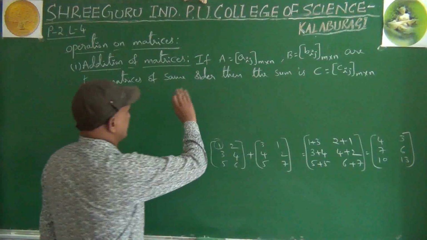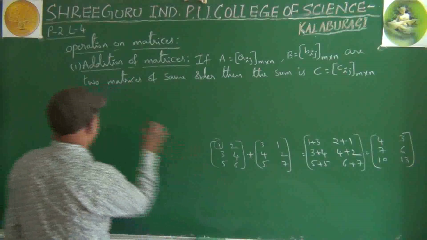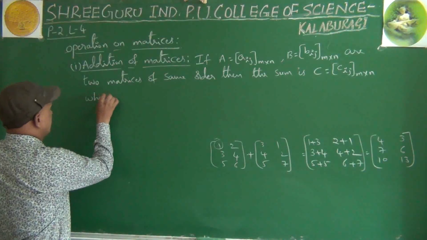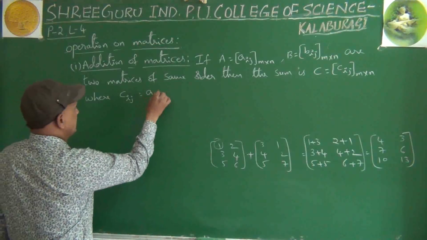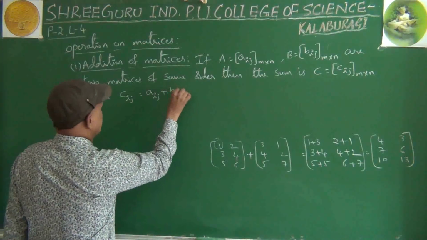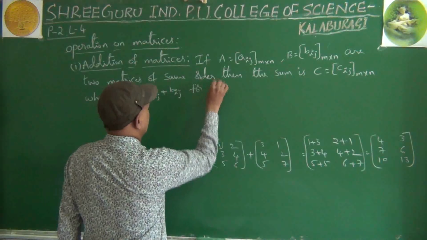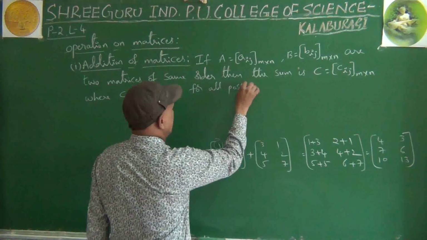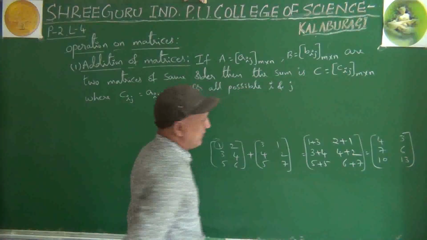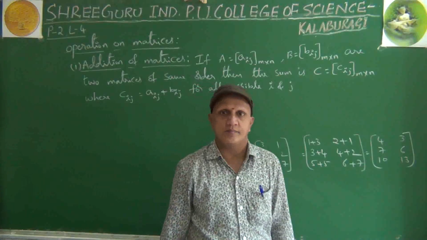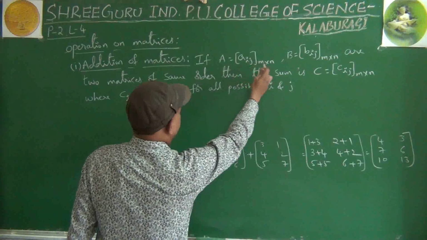Matrices of same order, then the sum is C equal to that one, where Cij equals Aij plus Bij for all possible i and j. Right? If capital A equals Aij, m by n matrix.